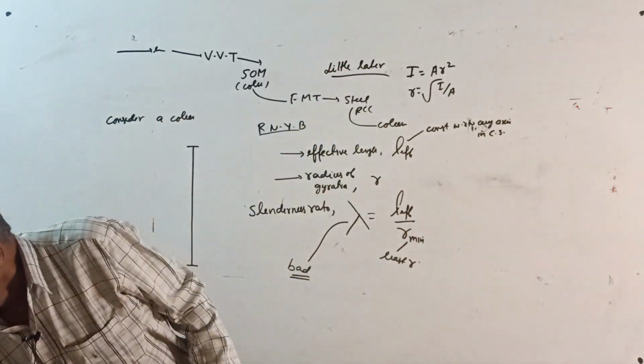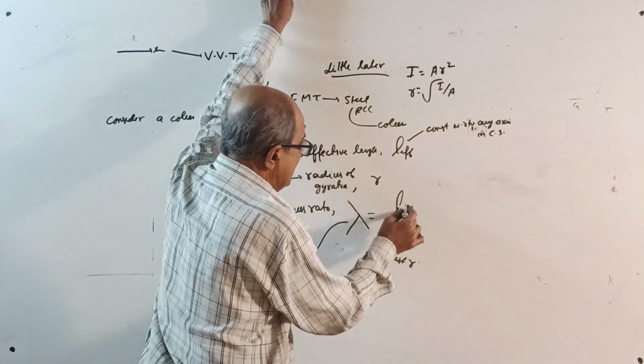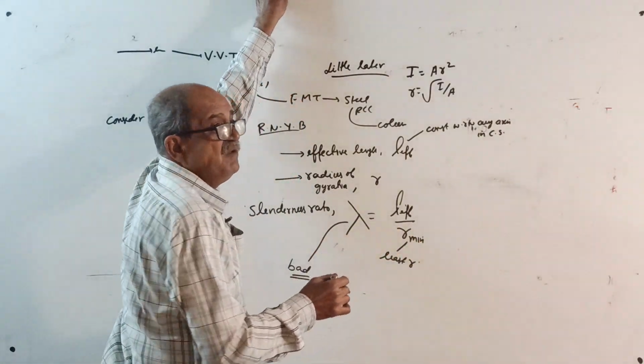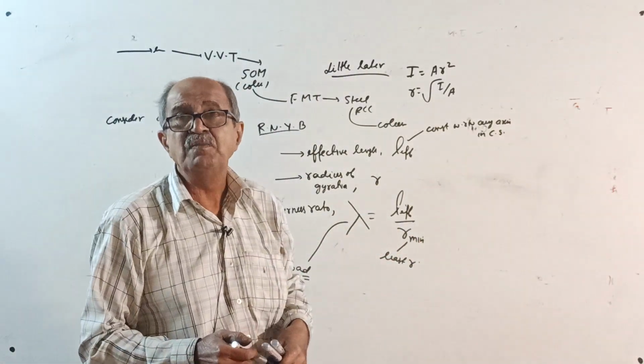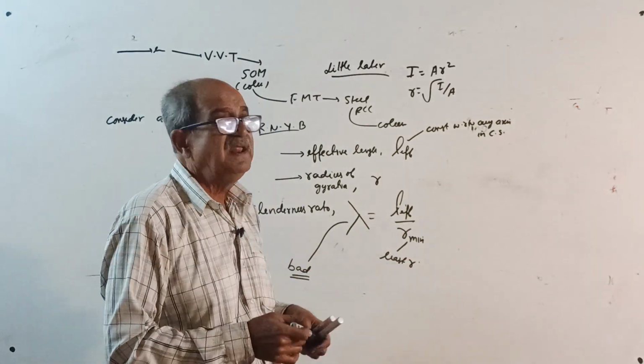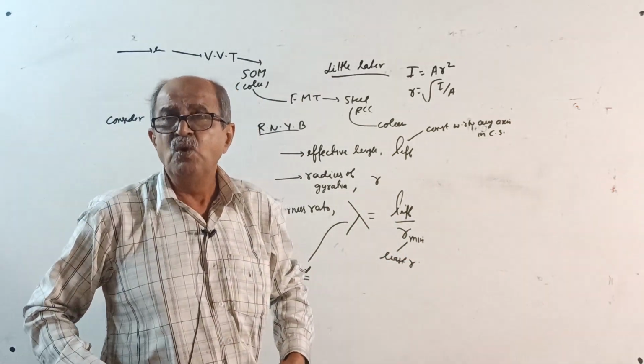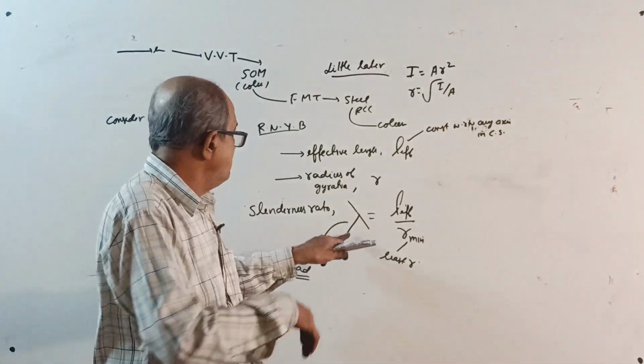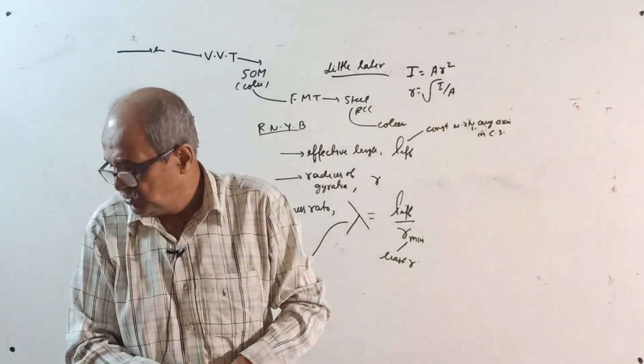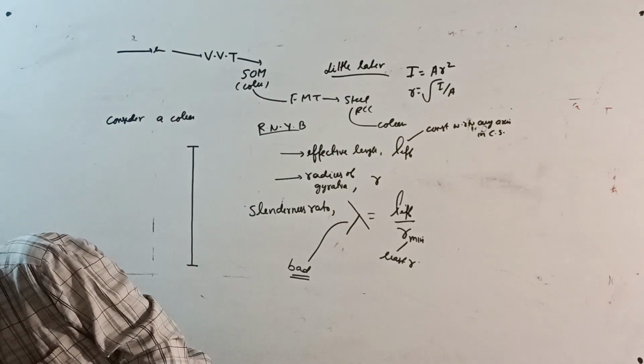So this slenderness ratio lambda, L effective by R, will tell you how slender the column is. As lambda increases, the column becomes more and more slender. As lambda decreases, see what happens now.